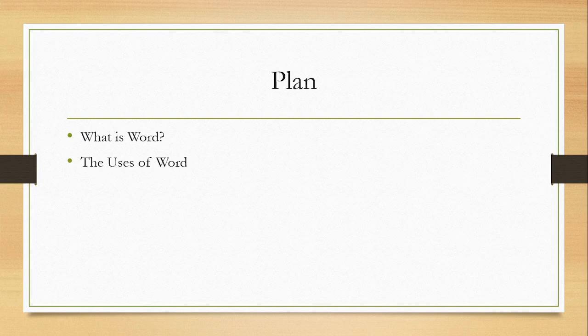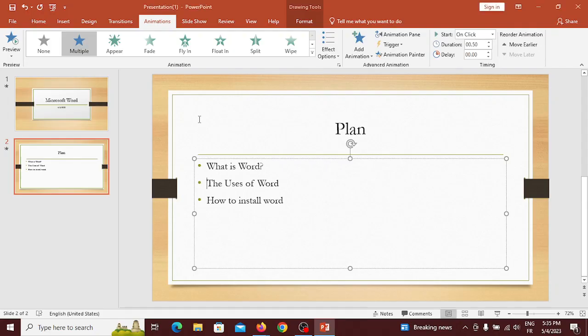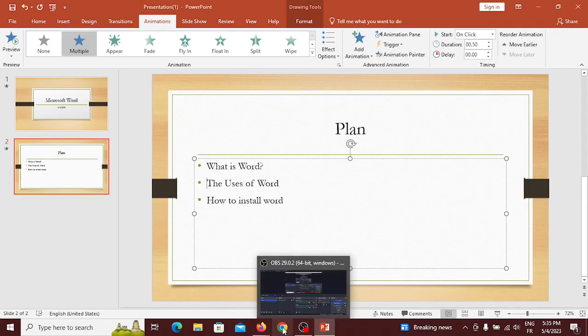Next we're going to speak about the uses of Microsoft Word, the academic uses and business uses, and on and on. When I'm finished talking about this point, I click the arrow on my keyboard again, and it displays the third point: how to install Word. Next, we move on to how to install Microsoft Word on our computers. I think this was your question.